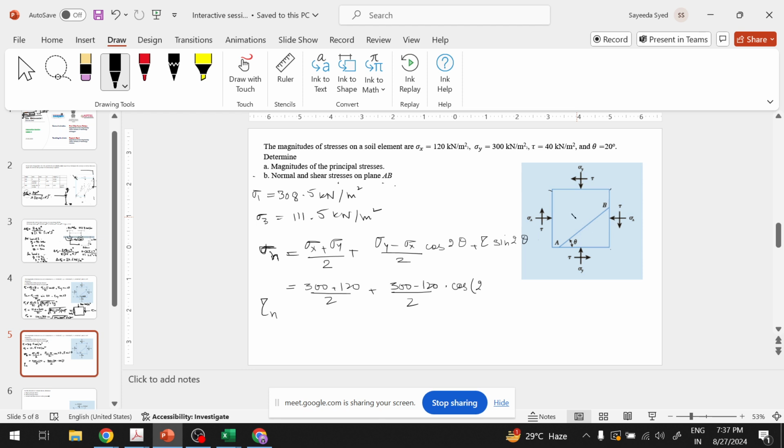That is what we do. We take a normal stress and we take a shear stress. This is the shear stress. So we are calculating the tau n and sigma n on this plane.